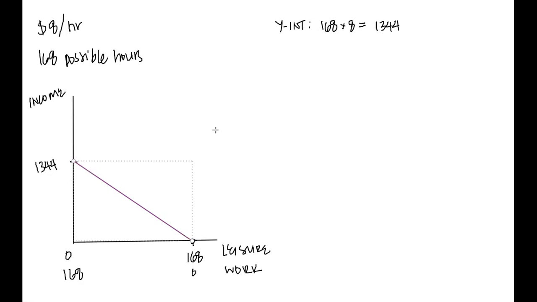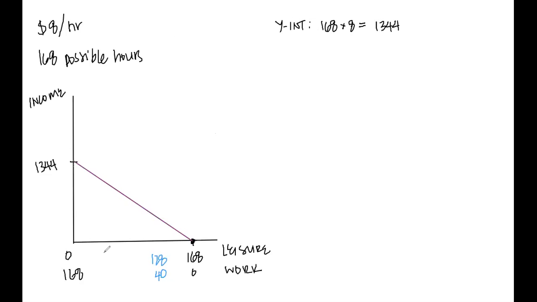So it then said, graph his budget constraint and label the utility maximizing outcome if John opts to work 40 hours a week. So this is where this double axis idea comes in. If he's working 40 hours a week, I'm going to label that right here. That means he has 128 hours of leisure.